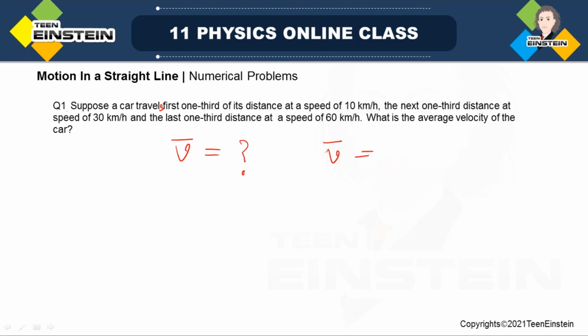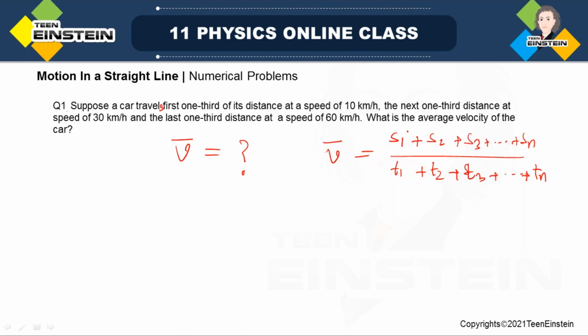Suppose your displacements are s1 plus s2 plus s3, like that, up to sn, and the time intervals for these displacements are t1, t2, t3, up to tn.